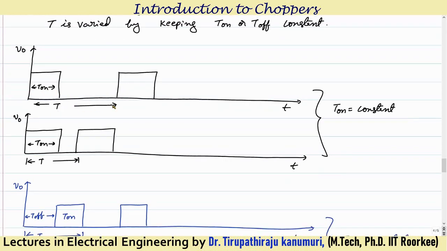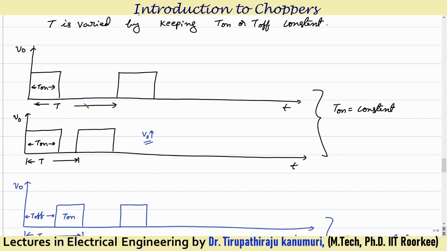Initially, let us assume this is my on period, so some average voltage is there. Now if the total time period is decreased, that means if the frequency is increased, what will happen to the output voltage? You can see here this average output voltage is increased in this case. Similarly, if you are increasing the total time period, the average output voltage will decrease. So by controlling your switching frequency, we can easily control the output voltage.